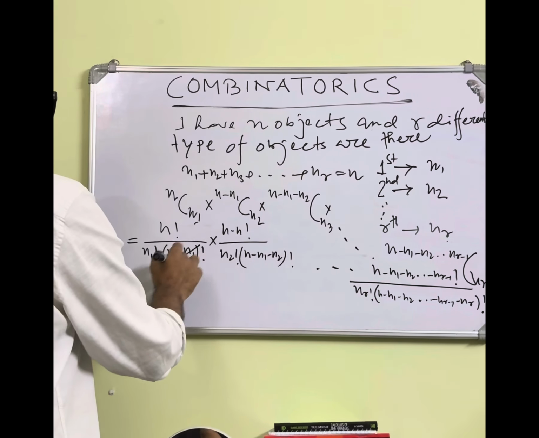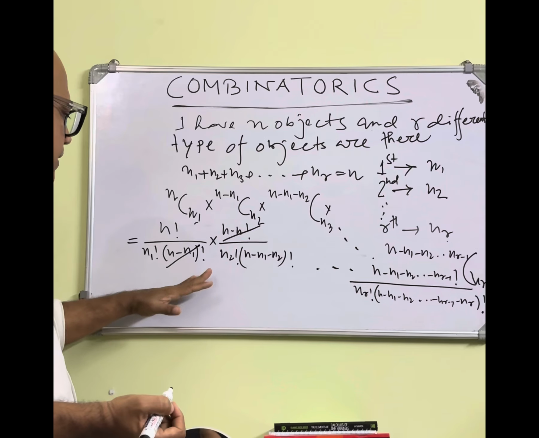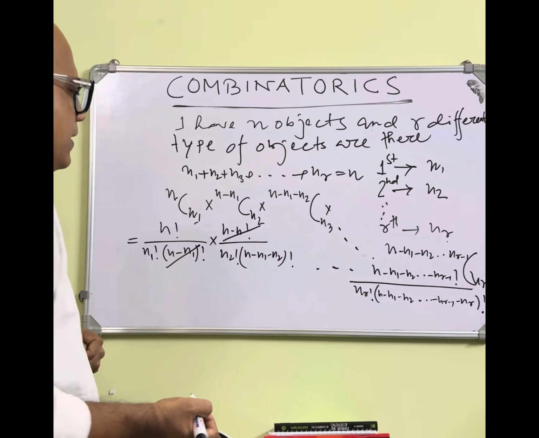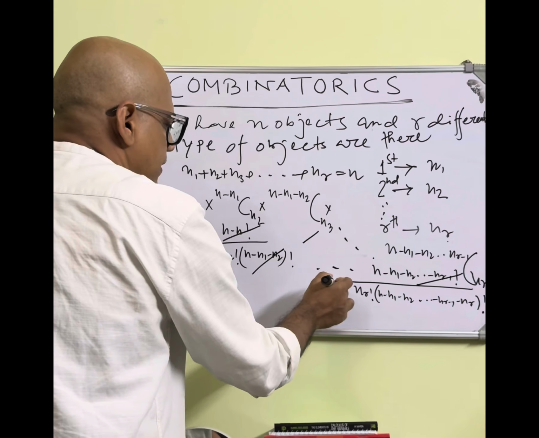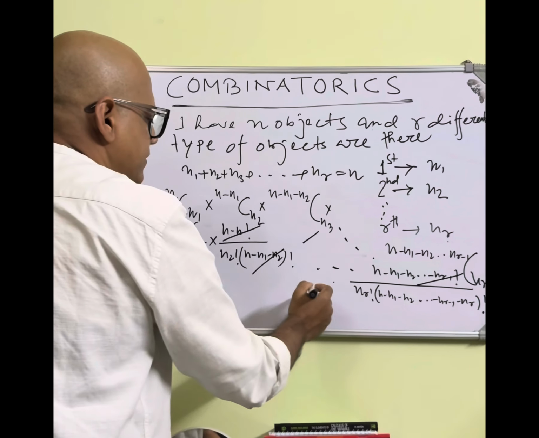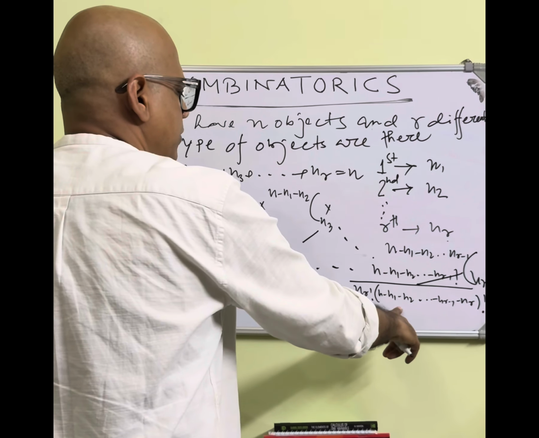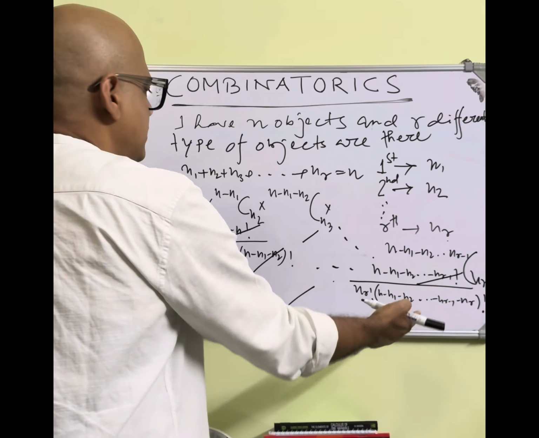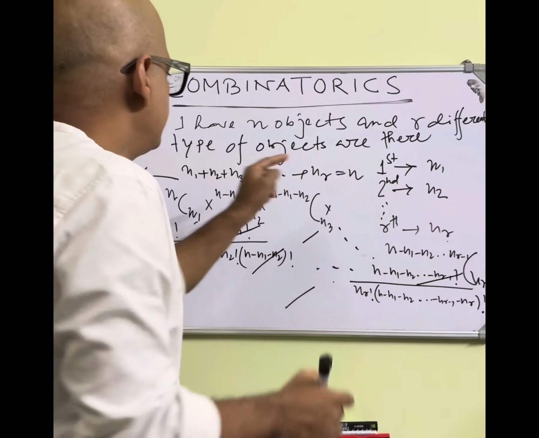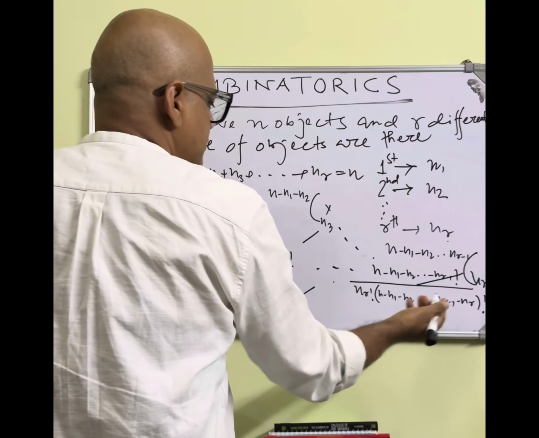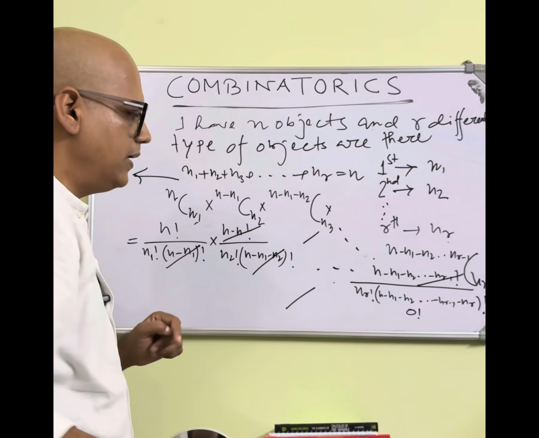You can simply cancel these. Likewise it will go this way, and each term will get eliminated with the previous term. Now what I'll be getting here, n minus n1 minus n2 all the way till nr, is going to be 0 factorial, and as we know 0 factorial is 1.